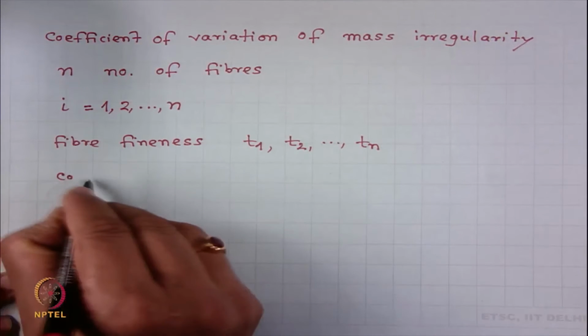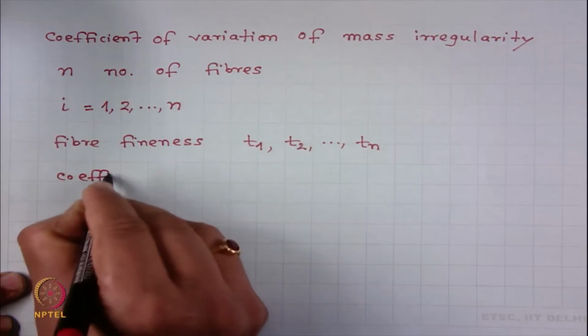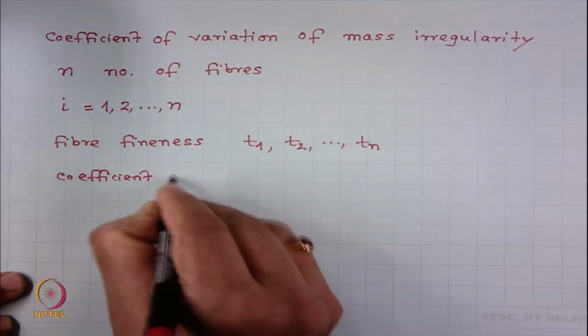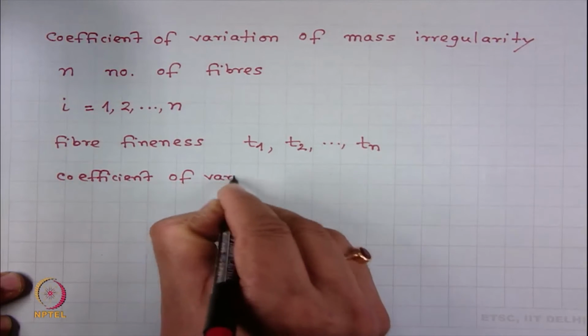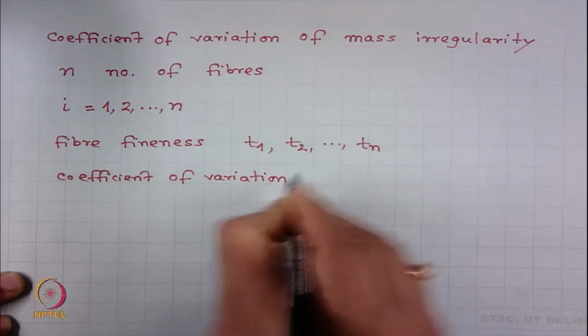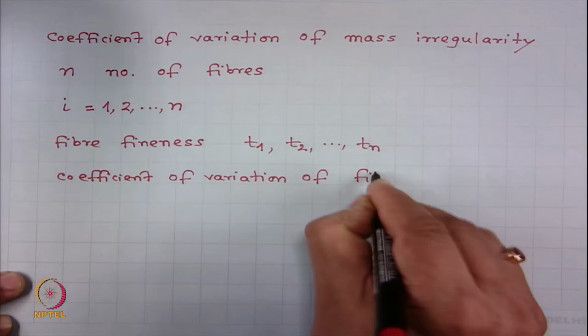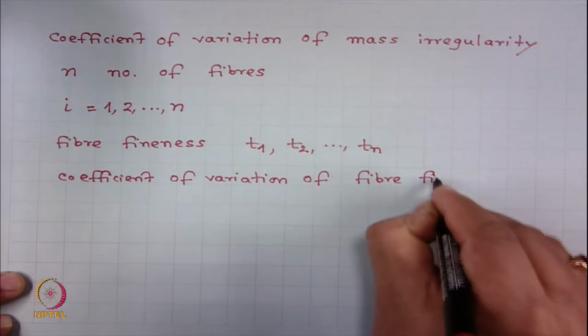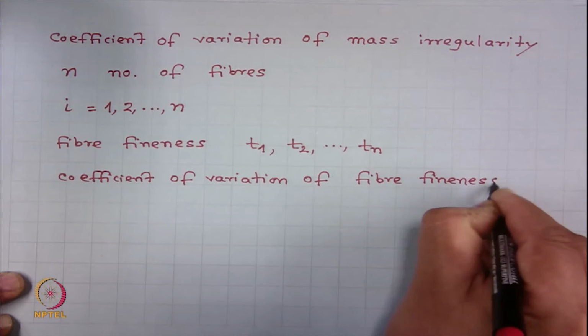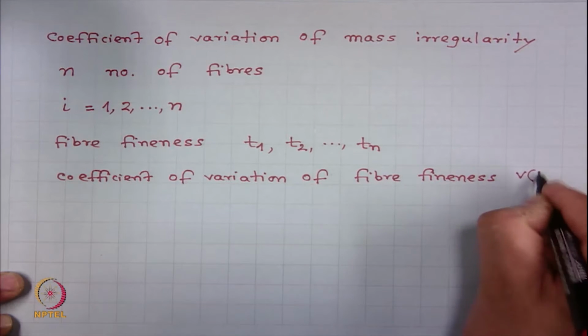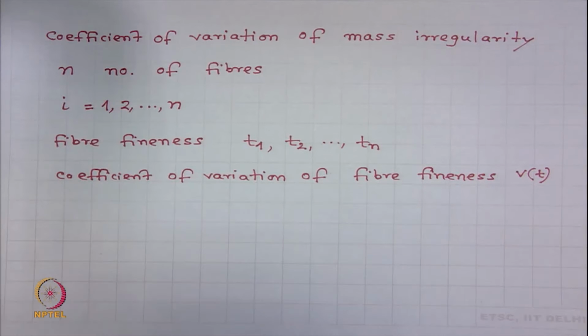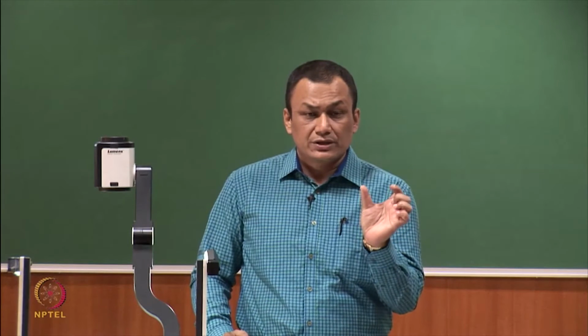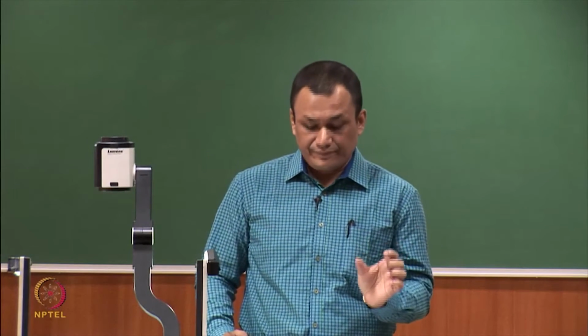The coefficient of variation of fiber fineness we denote by V t. Again it is dimensionless.